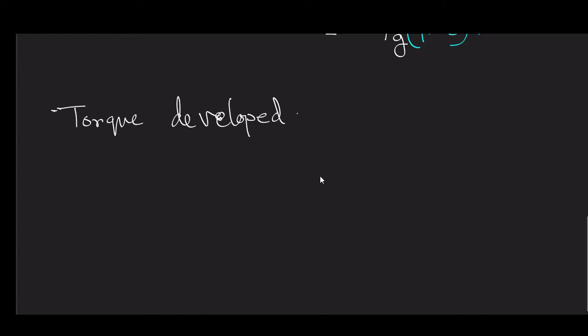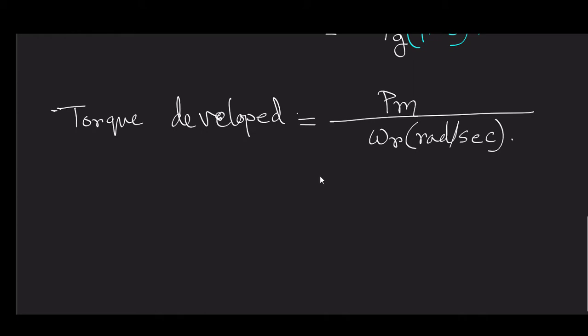Torque developed is equal to Pm by omega r. What is omega r? That is the speed in radian per second. Nr was in rpm, omega r is in radian per second. Now this Pm is what?